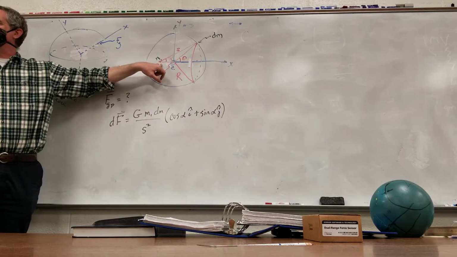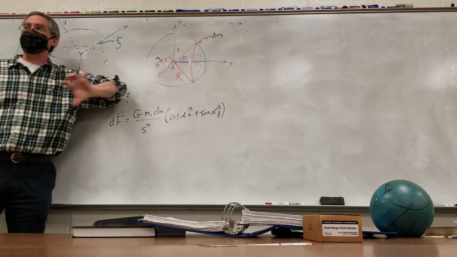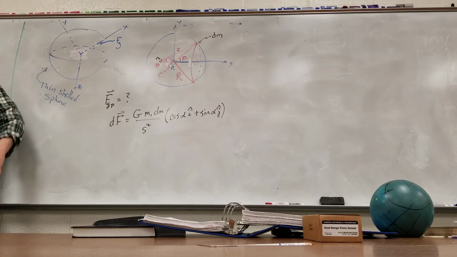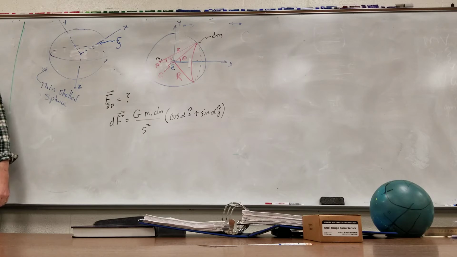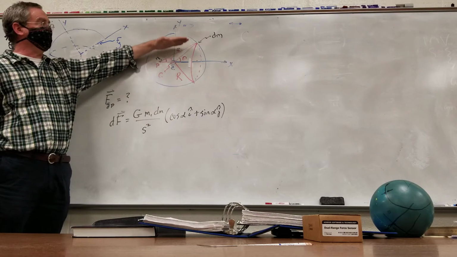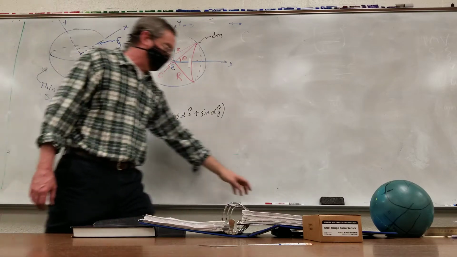What is the direction of the net force on this point from that ring? Why not vertical? Each one will cancel because one goes like that and the other like that. Because for every force that's trying to pull it up, there's one trying to pull it down.